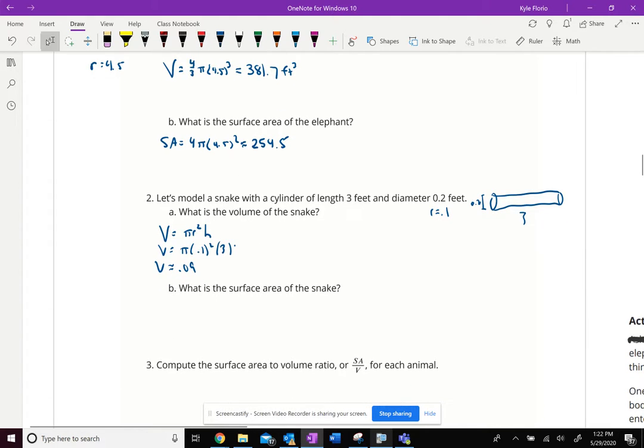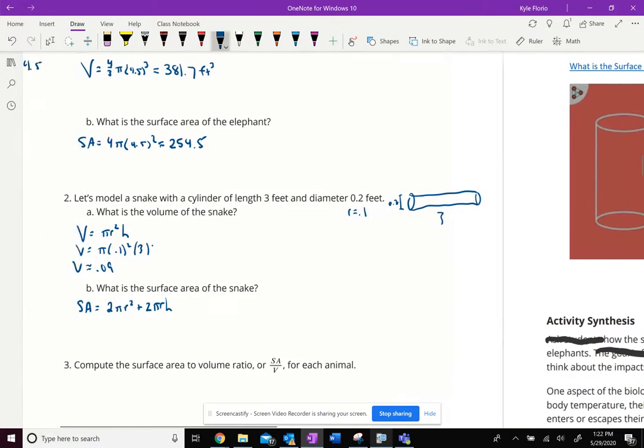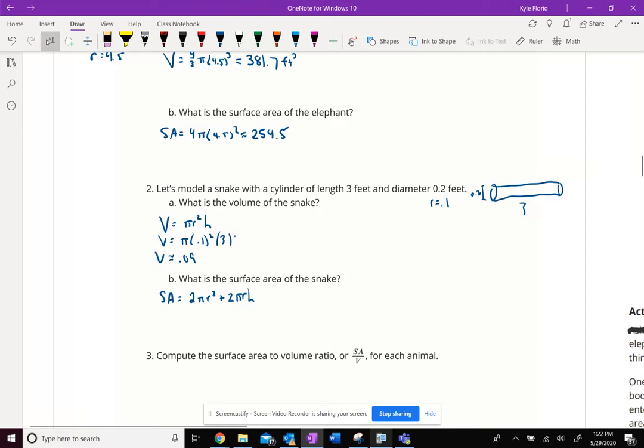Last but not least, what is the surface area of the snake? This one's a little clever. The formula for surface area is going to be 2 pi r squared plus 2 pi r h. I'm going to link a video that explains where that formula comes from and how you can come up with that formula yourself. But the main idea is, there are 2 circles, so there's 2 pi r squareds. And then the long piece, if you were to cut it and stretch it out, it would make a rectangle where the height is still the height.